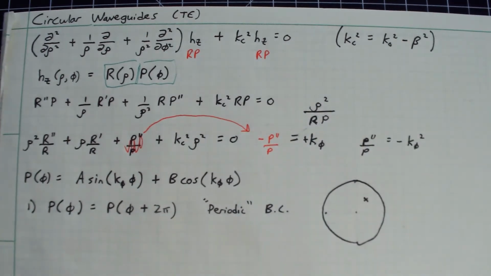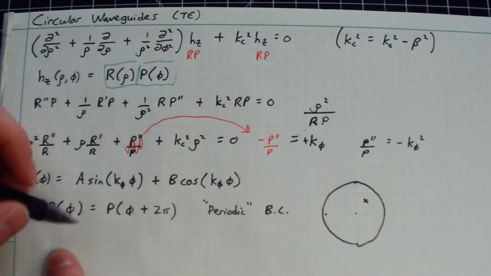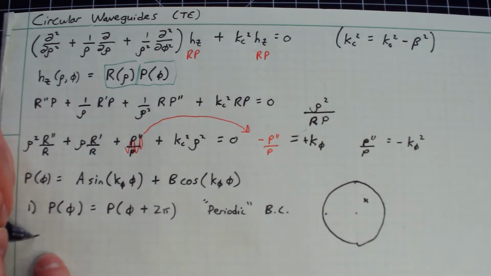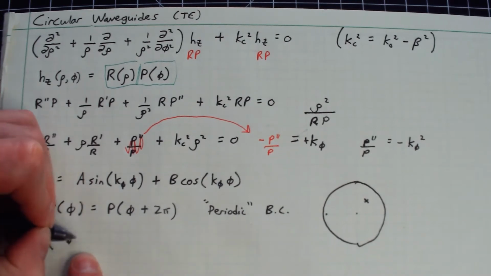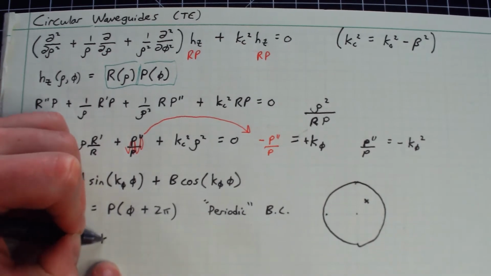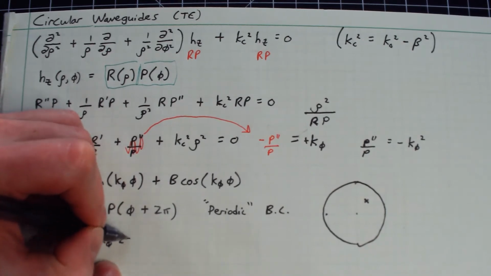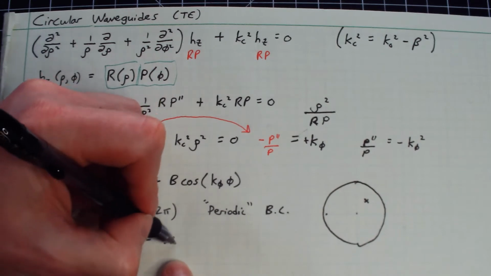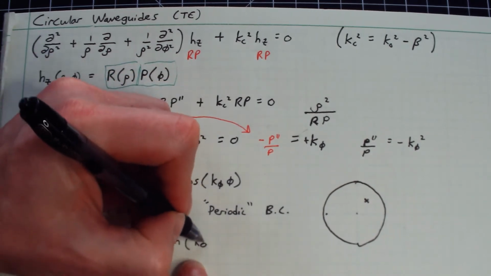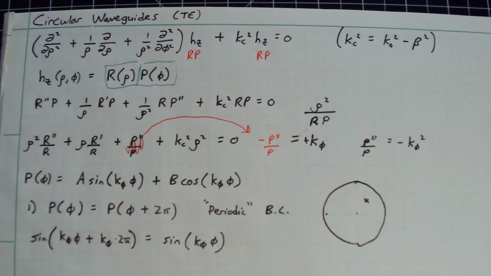and it has to be the same no matter how much I spin around my coordinates here. So what this condition implies, we'll just look at this term here: sine of k sub phi times phi plus k sub phi times 2 pi is equal to sine of k sub phi times phi.